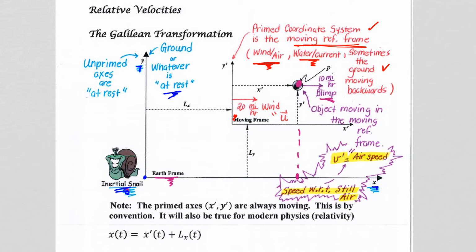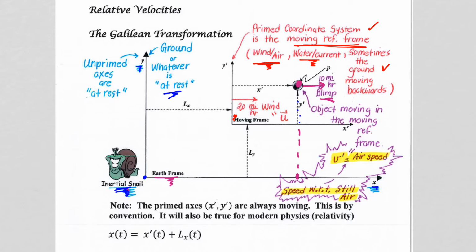Now, let's talk about our blimp now having engines. So let's go back to no wind and think about the Goodyear blimp or whatever it is, goes up into the air. The pilot turns on the engine, and the engine is going to move the blimp at 10 miles per hour. Well, even without a wind, the person on the ground sees the balloon or blimp move 10 miles per hour.